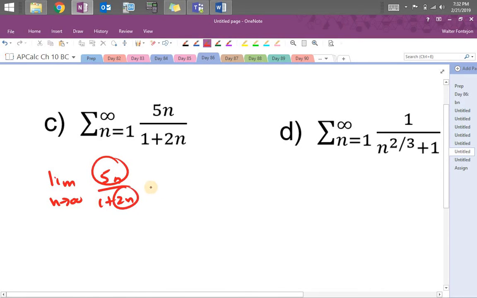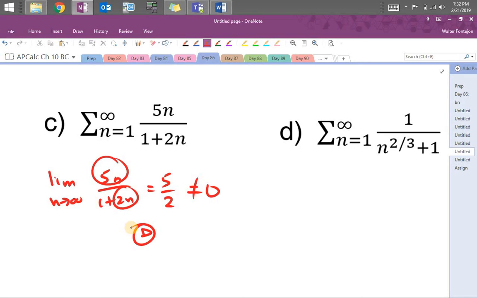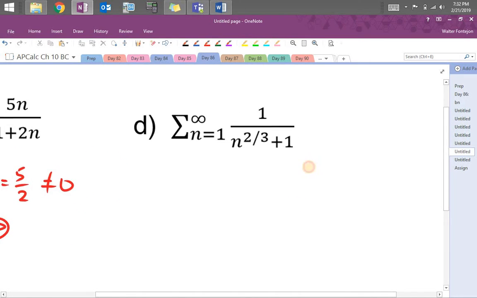This is highest power. I know that this is not going to be 0. That's not 0. Diverge by the n-term test. Okay, and remember the n-term test, the only way you know that is that you've been looking at limits for so long already that now your eyes have to be able to recognize, I know the answer to that limit. It's not 0.